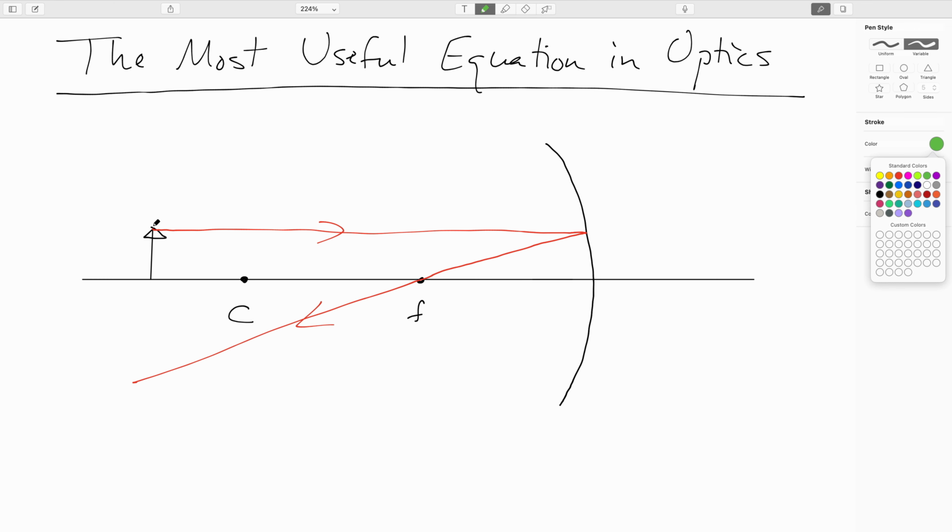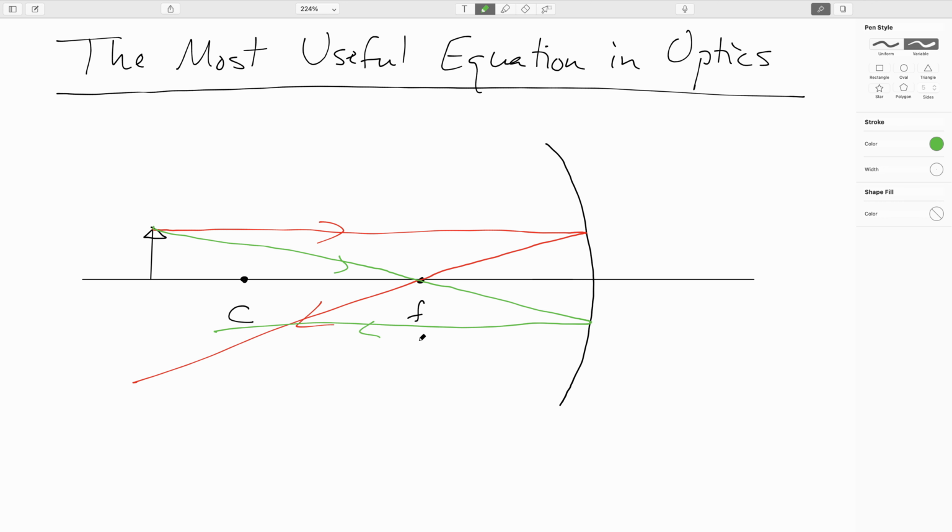The focal ray, which gives us a ray that reflects back out parallel. And then our truest, bestest friend is the central ray, which comes in and back out at exactly the same angle. So the height above is the height below where the object is located.